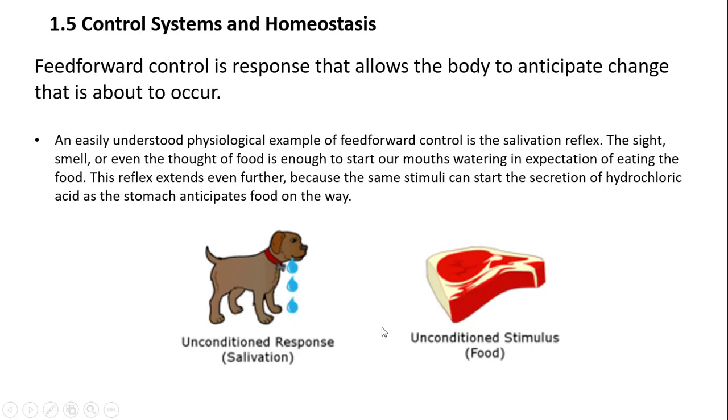Okay, there's another type of system that's very important in biology, which is called feed-forward control. This is a response that allows the body to anticipate a change that's about to occur. One of the most classic ones that's easy to understand is the feed-forward control of the salivation reflex. So in this case, we have a dog.